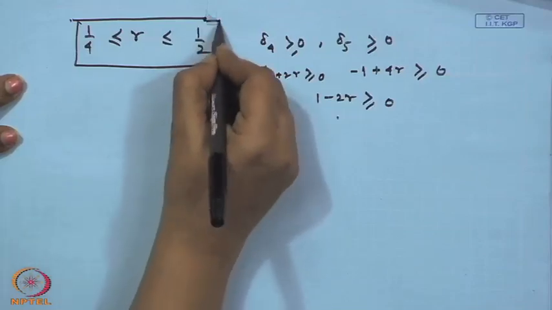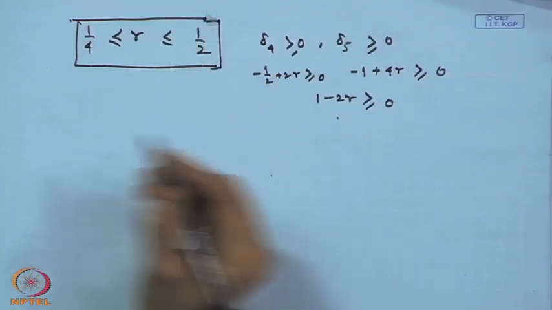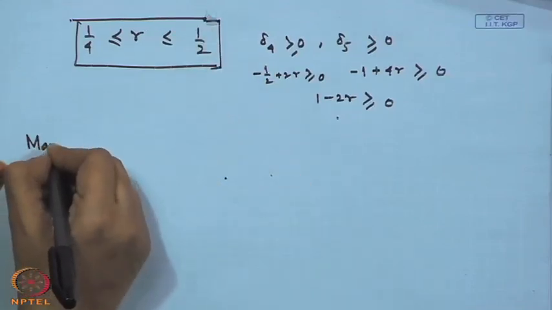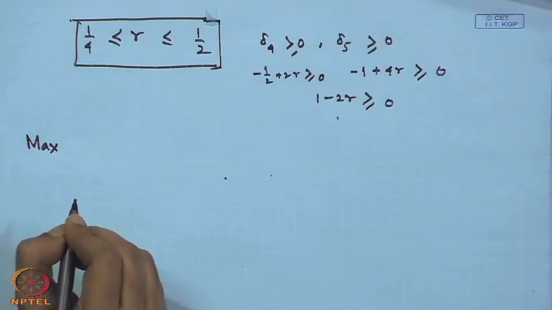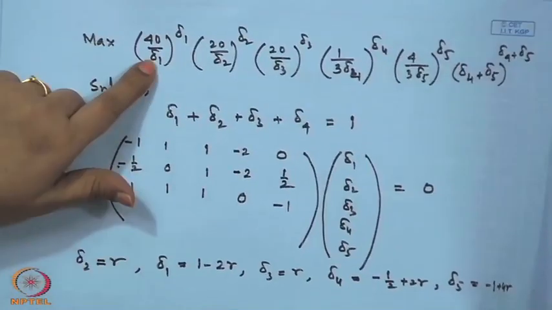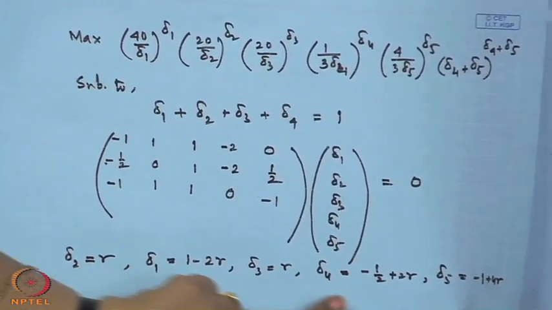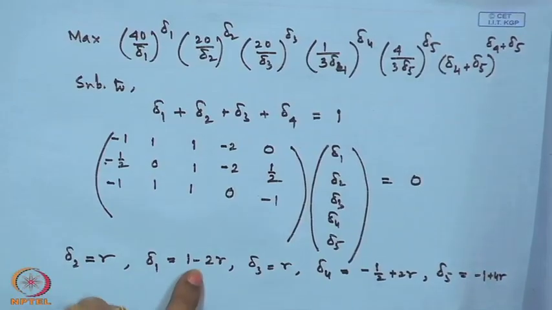From this condition we can develop the limit for r. Thus, our problem has been reduced to a problem of single variable maximization of, in place of delta 1 we will put these values, delta 1 equal to 1 minus 2 r and so on.